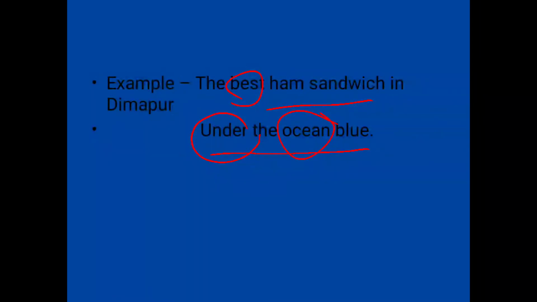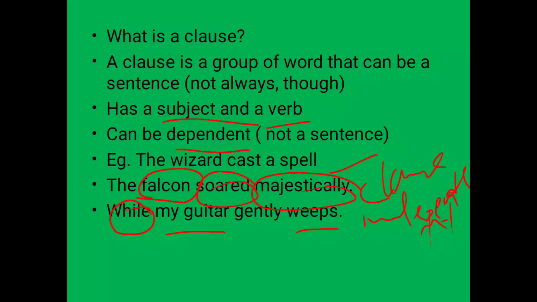Clauses are groups of words that have a subject and a verb. So in "while my gator gently weeps", there's a gator, and what is it doing? It's weeping. So we know it's a clause. That's what phrases and clauses are all about.